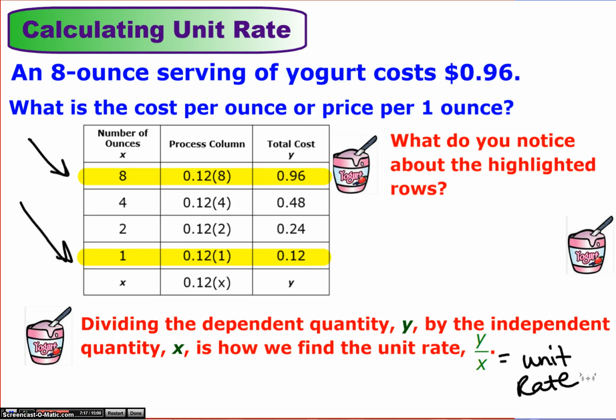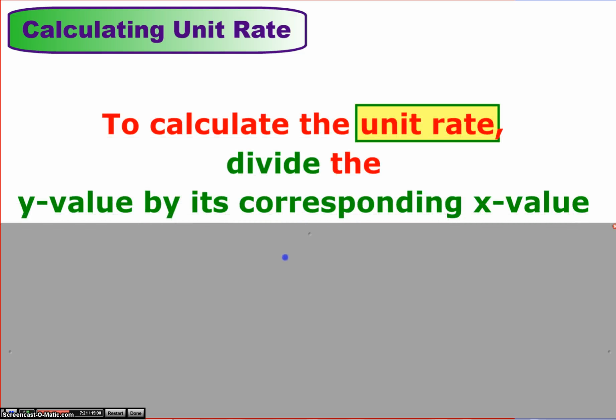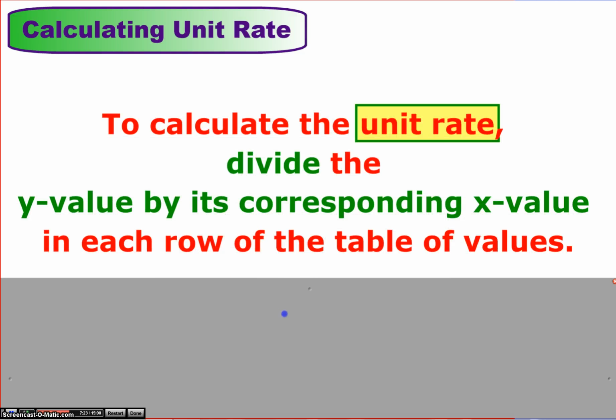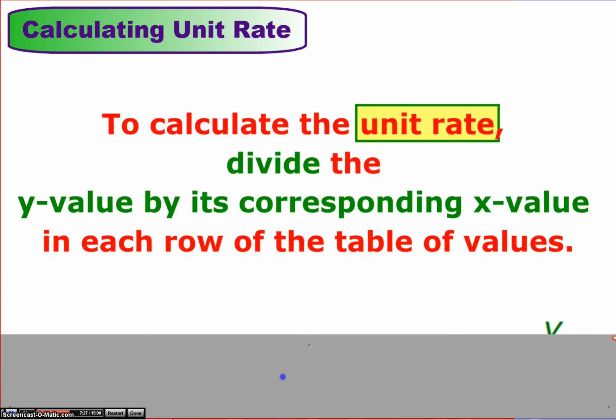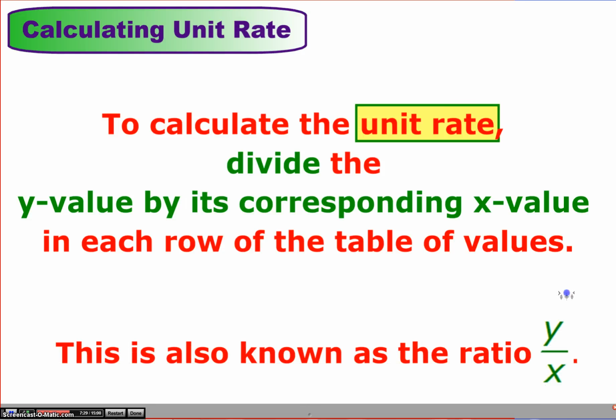Okay, so let's talk about it. To calculate unit rate, divide the Y value by its corresponding X value in the table of values. We've talked about that. It's also known as Y over X, and we just said that that is the unit rate.